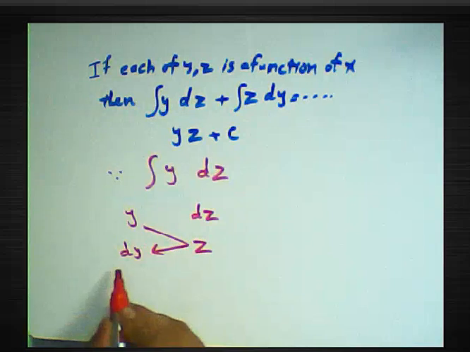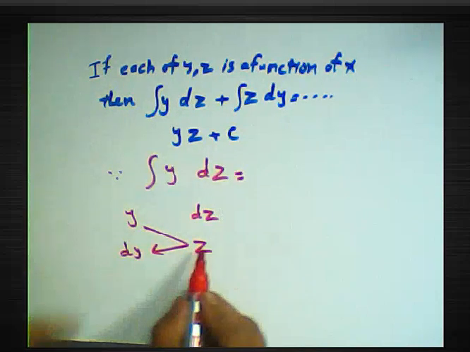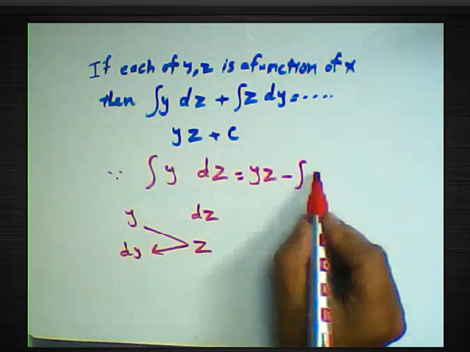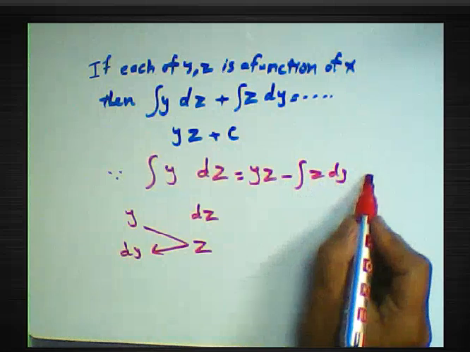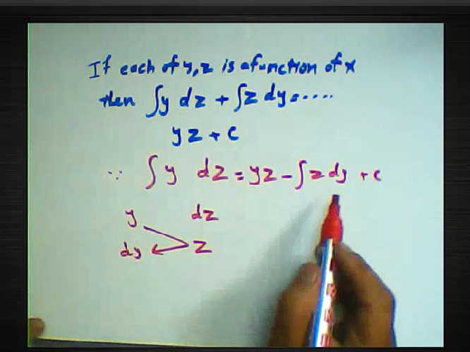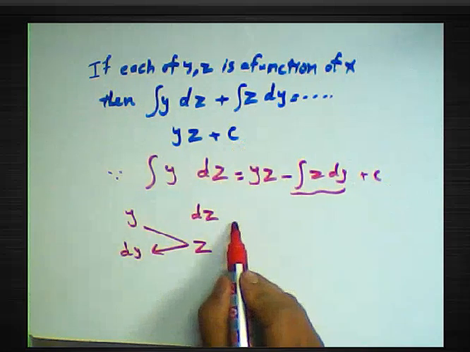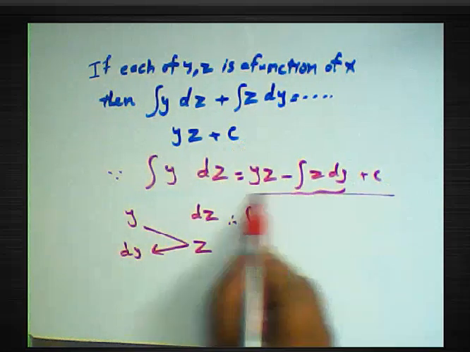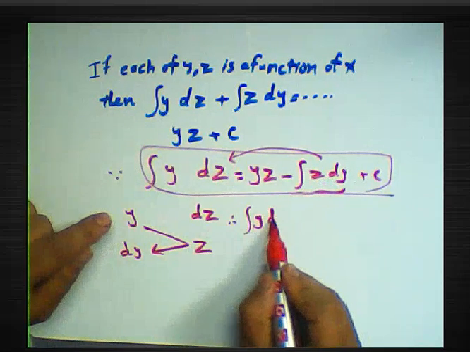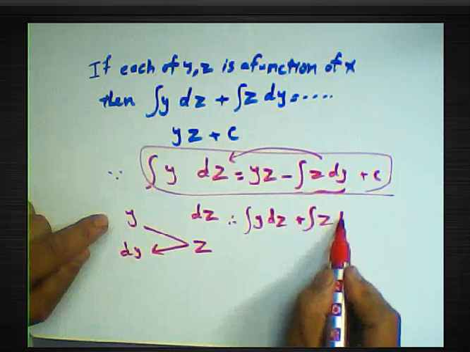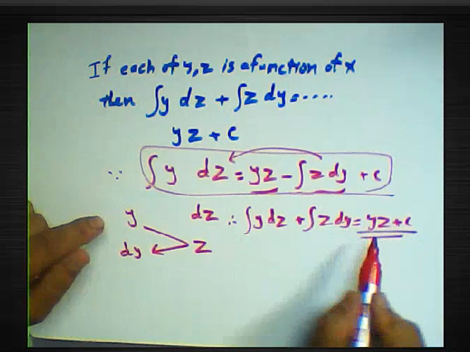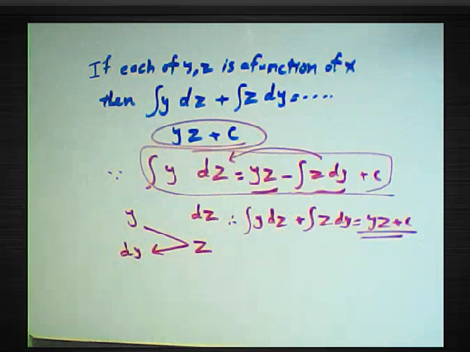Using the rule, y times z subtract the integration of z dy plus constant, and we can move this integration to the left-hand side. Then the integration of y dz plus the integration of z dy will equal yz plus constant. So the result will be yz plus constant.